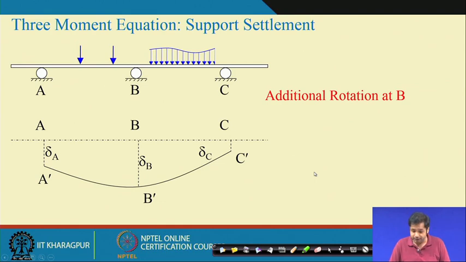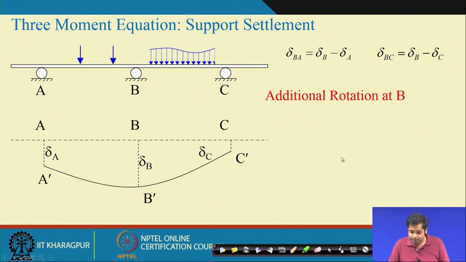Because of the settlement of the support, an additional rotation takes place at point B. Suppose delta BA is the relative displacement in segment BA, and delta BC is the relative displacement in segment BC.